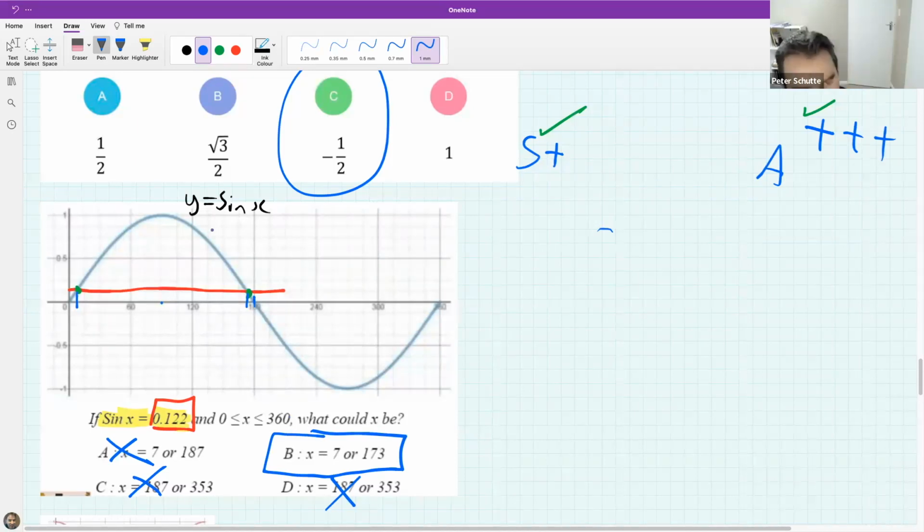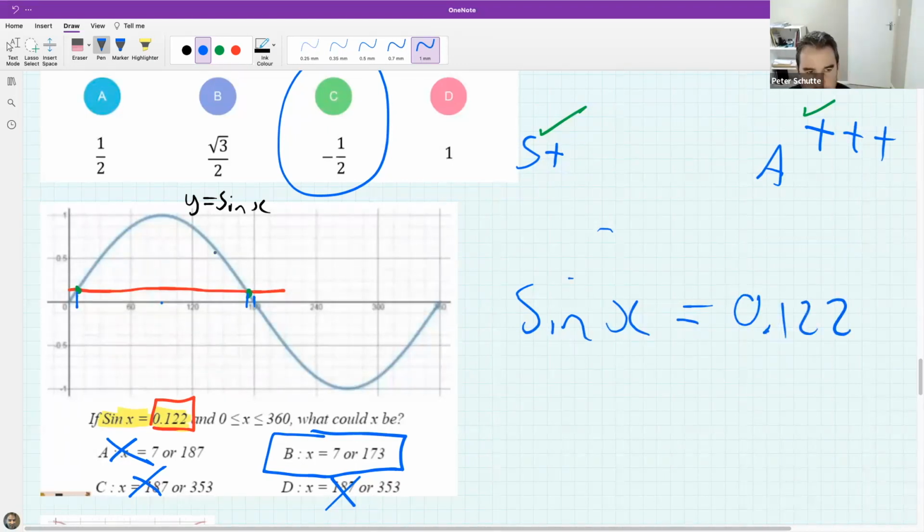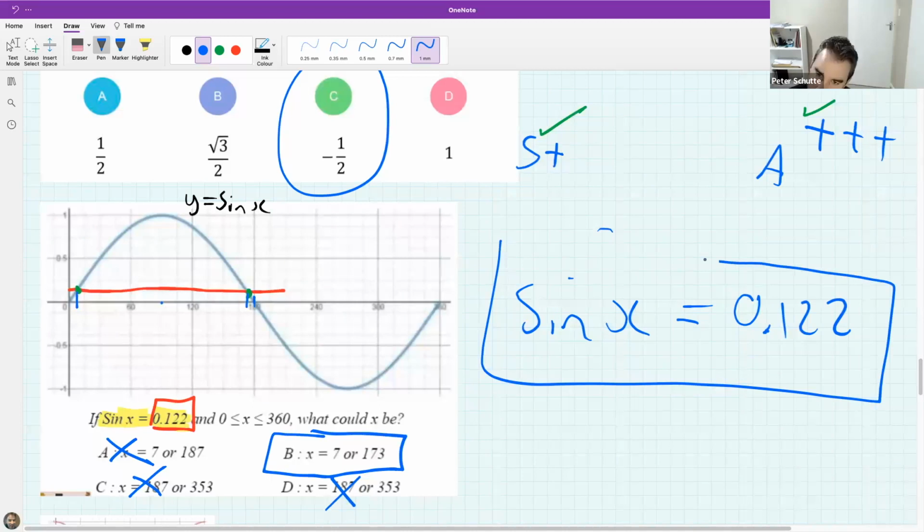Now, all I wanted to show you with the CAST diagram is that the solution to this trig equation, sine of x equals 0.122, can be visualized using a graph. You can find the solution using a graph, but the solution can also be found using the CAST diagram.